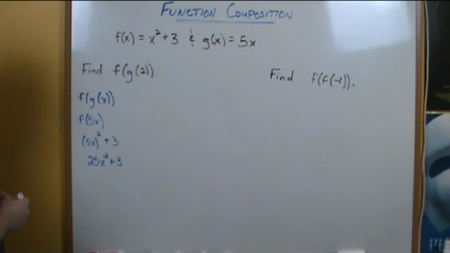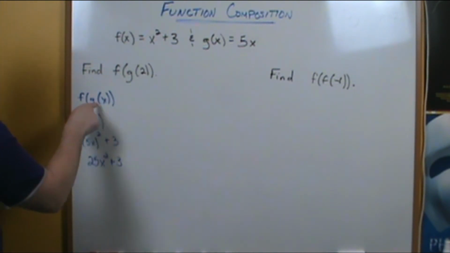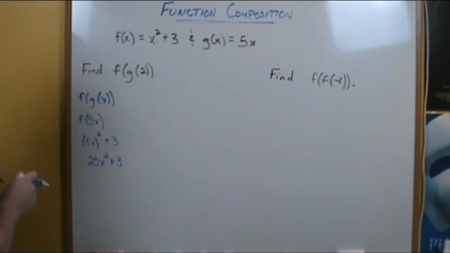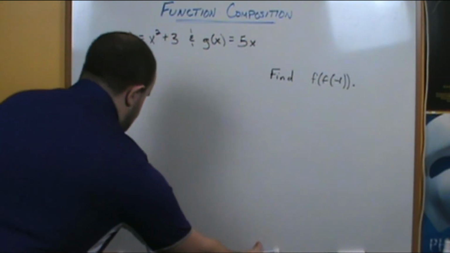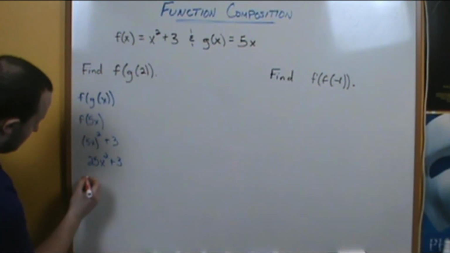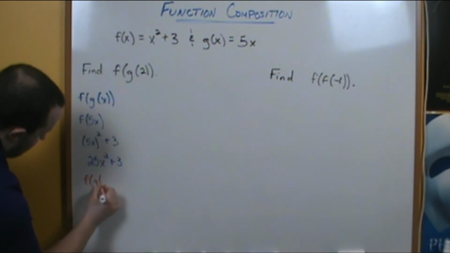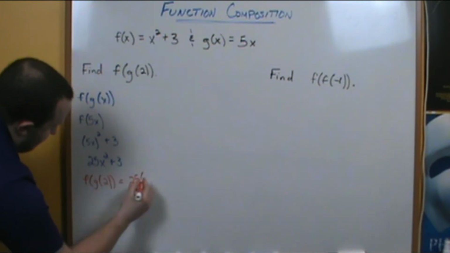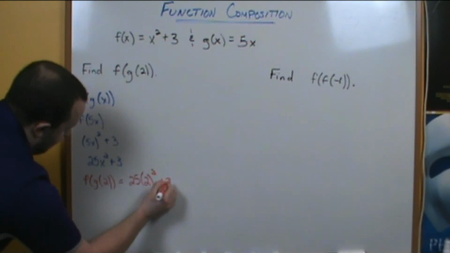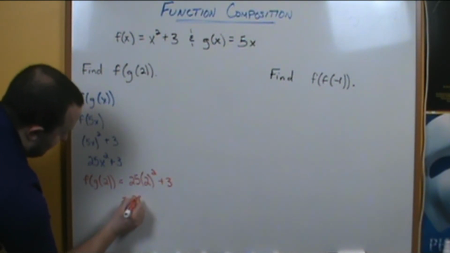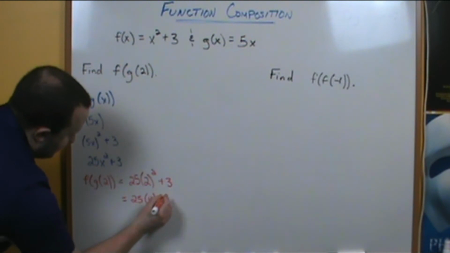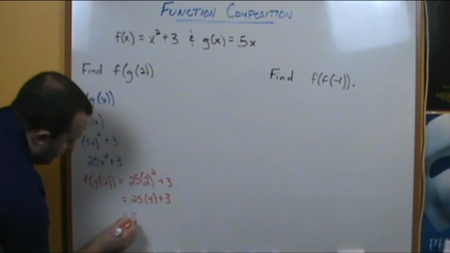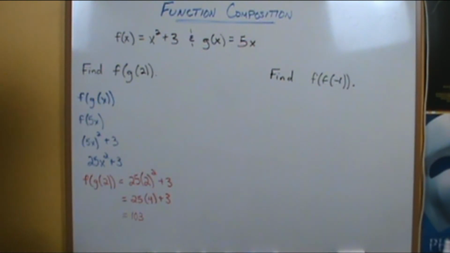And now we can go ahead and evaluate this function, f of g of x, at 2. So f of g of 2 is going to be 25 times 2 squared plus 3, which is 25 times 4 plus 3. 25 times 4 is 100, plus 3 is 103.